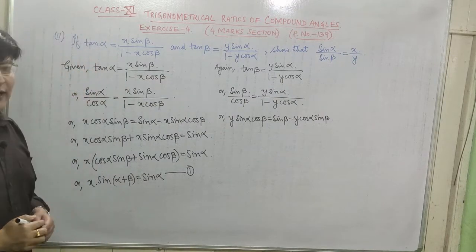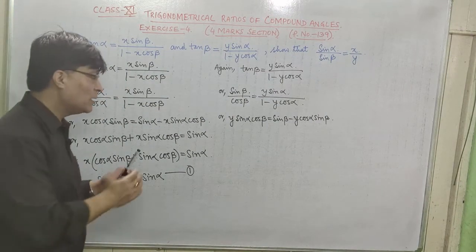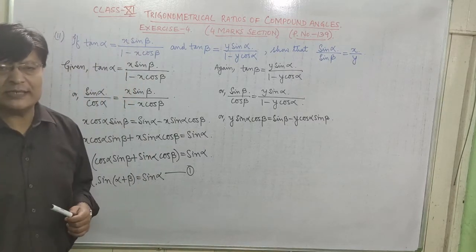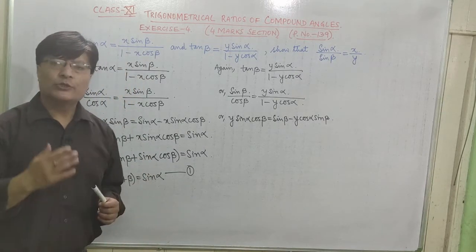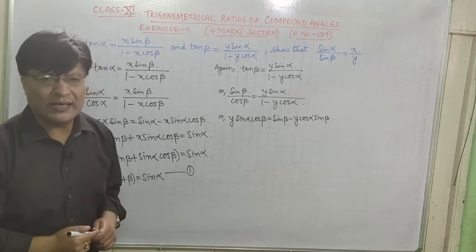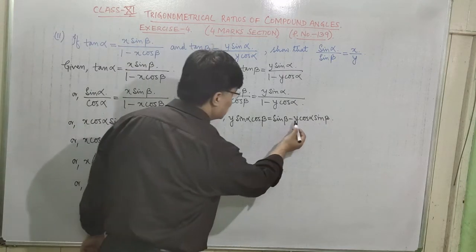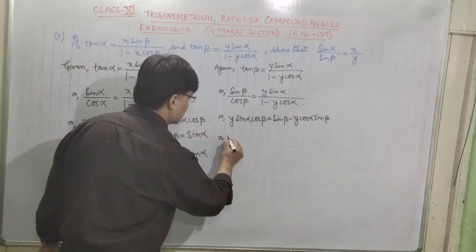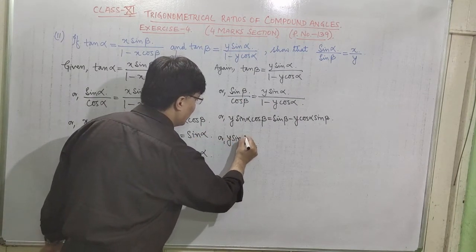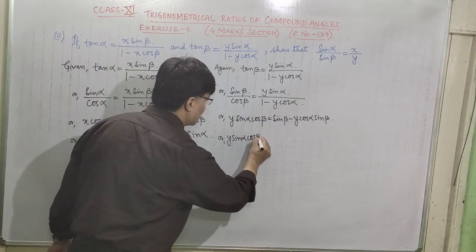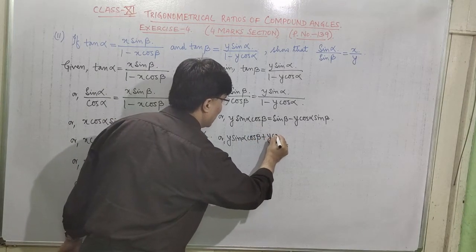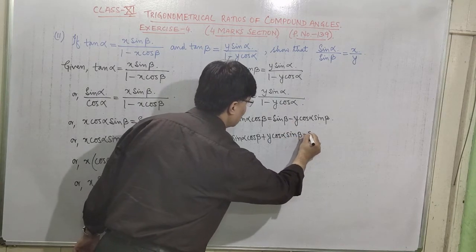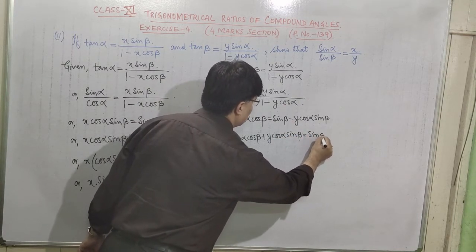Now since we are getting the value for y from the second given condition, let us keep the terms containing y on the left hand side. That means minus y cos alpha sine beta, take it to the left hand side, so it becomes plus, isn't it? Y sine alpha cos beta plus y cos alpha sine beta is equal to sine beta.